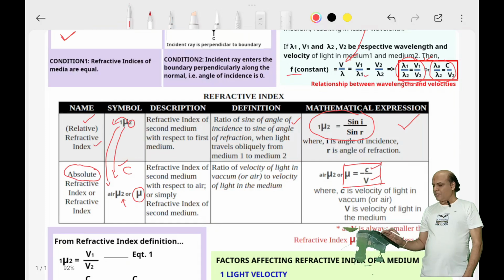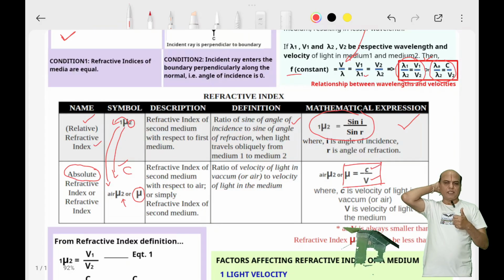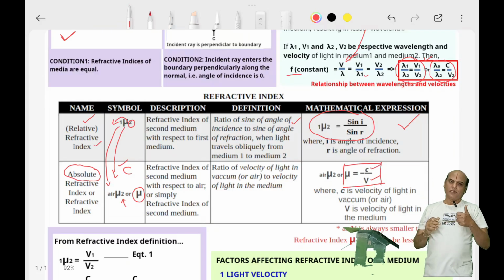So there are two ways in which the refractive index can be expressed and measured. One is the relative sense of refractive index, where it is defined in terms of Snell's second law, the ratio of sine of angle of incidence to sine of angle of refraction. That is the refractive index of the second medium with respect to the first medium.